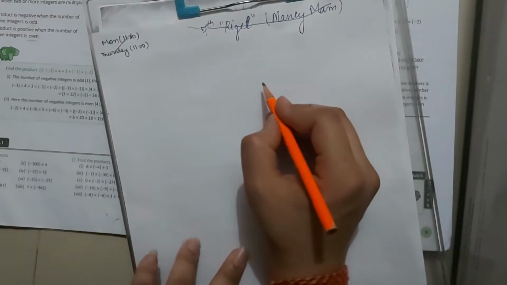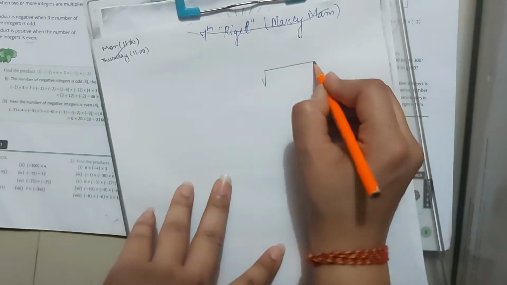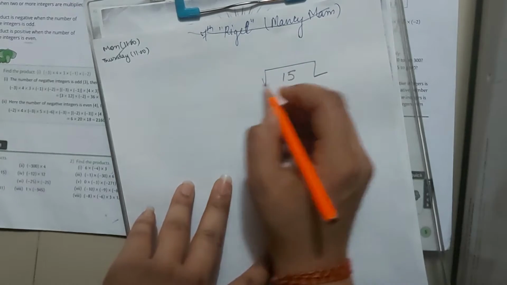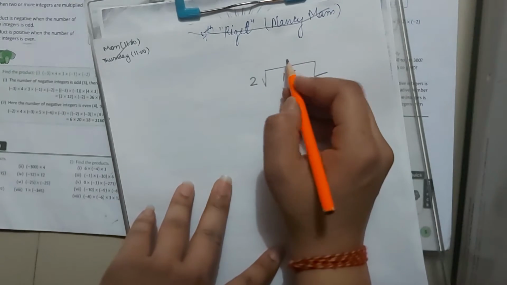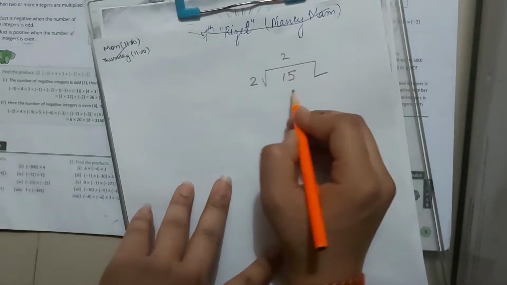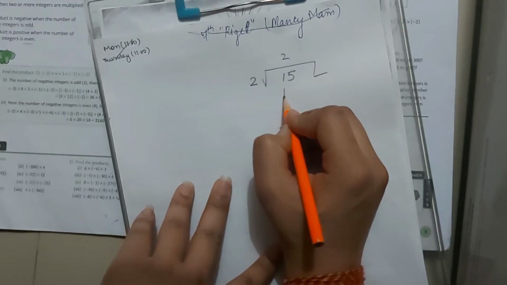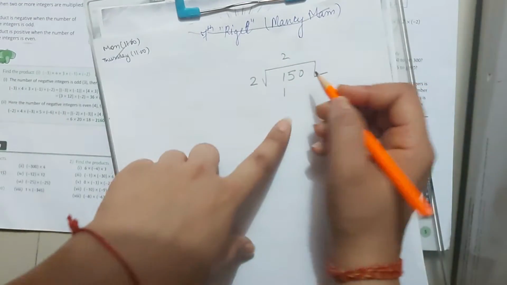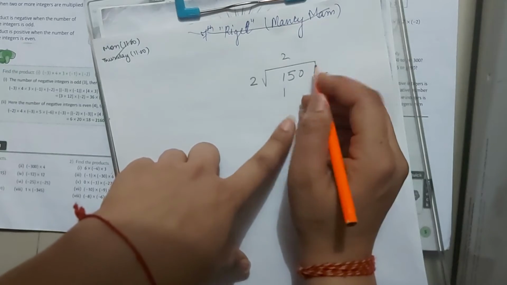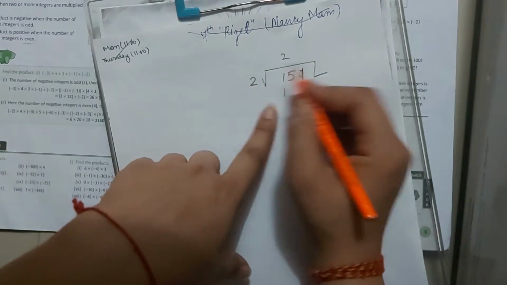Firstly, let me take an example. For example, 15 divided by 2. That would be 5 twos are 10, 15 divided by 2.